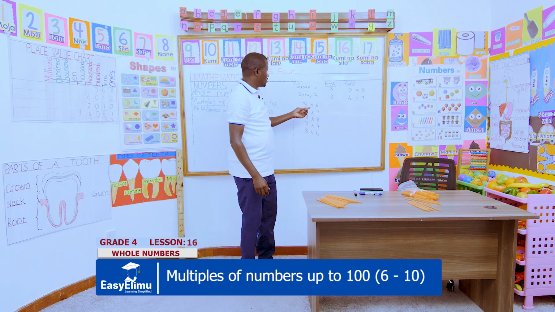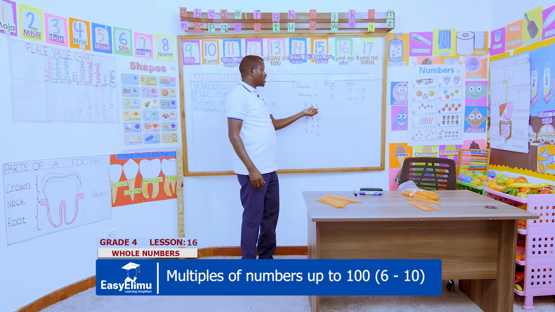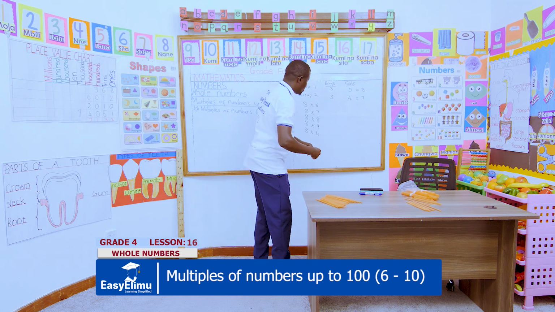So the groups of 8 in 6 groups, we have a total of 48.